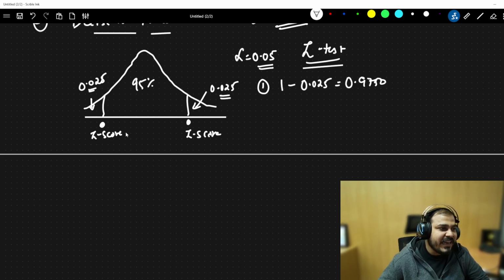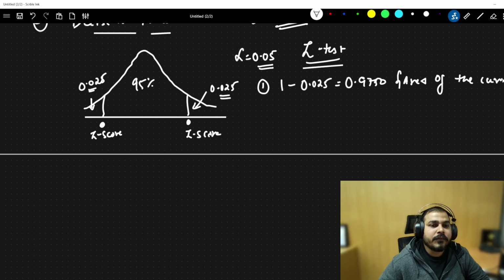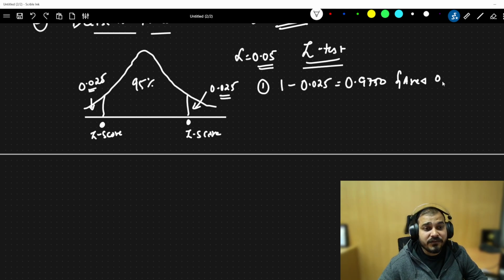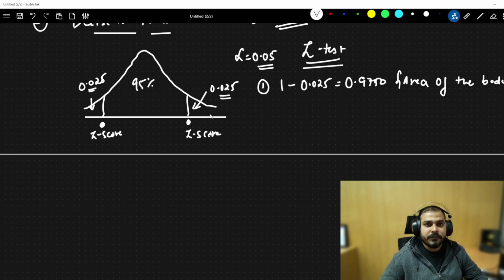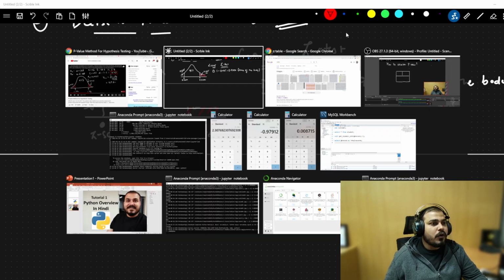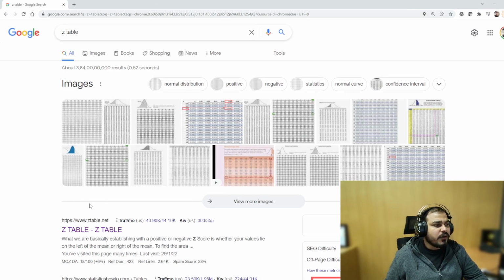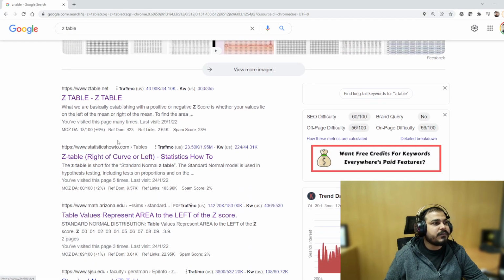So this entire area is 0.9750. I need to find the area of the curve, the area of the body, skipping this tail region. So I subtract 1 minus 0.025, which is 0.9750. Now if I go back to the Z table, let's say that this is my Z table.